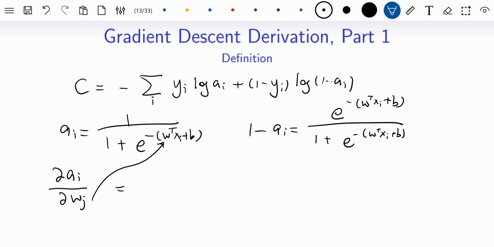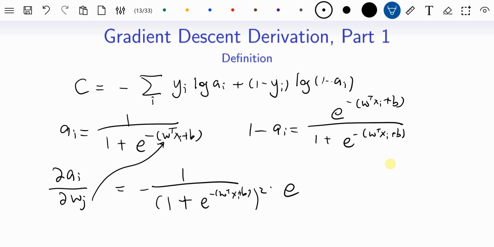So to do this, use chain rule. So it's 1 over this, which means it's just the denominator to the power minus 1. Use this rule. You get 1 over denominator to the power 2, and then multiply by the derivative of this denominator, which the 1 gets eliminated.